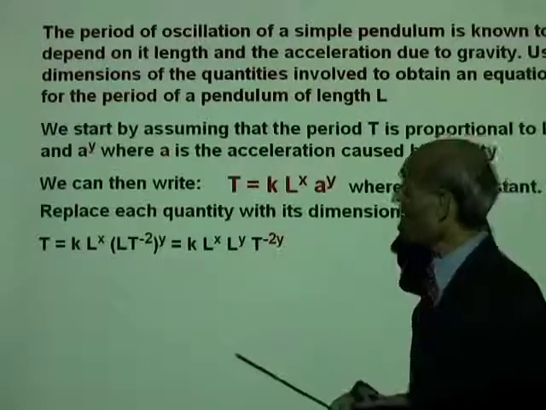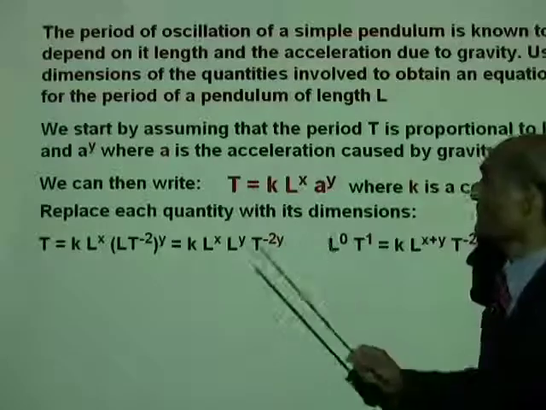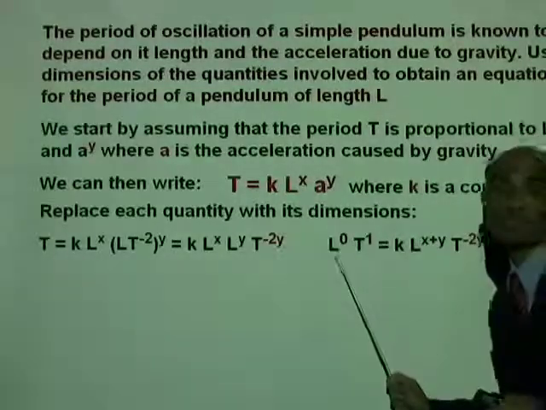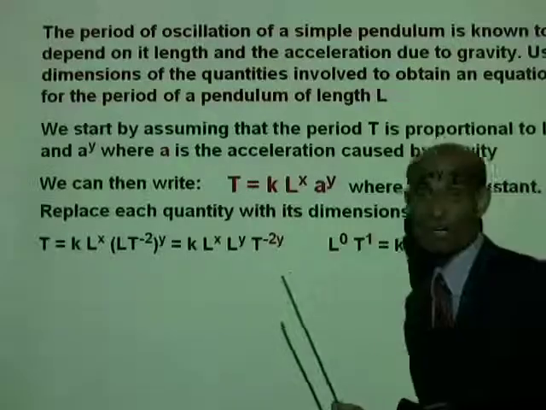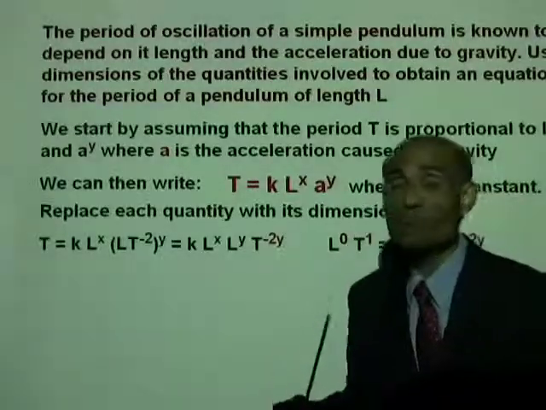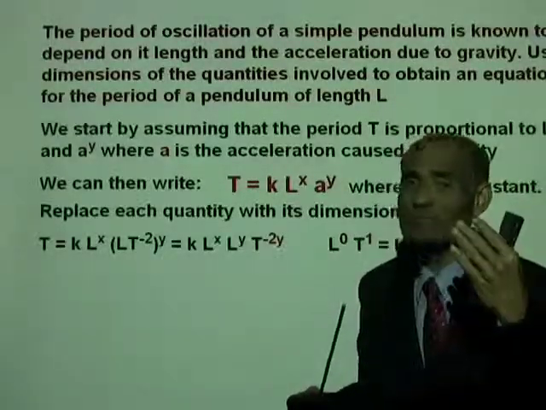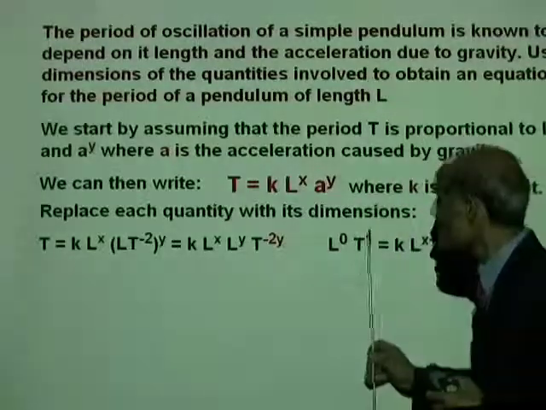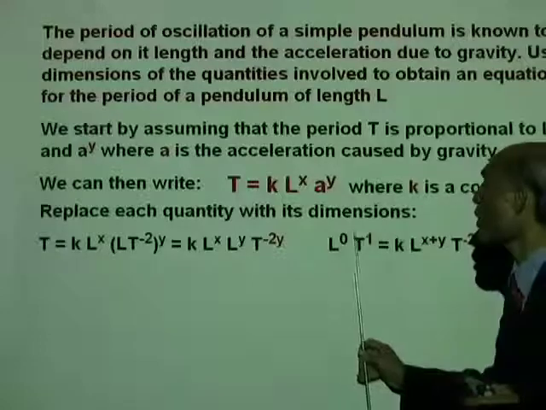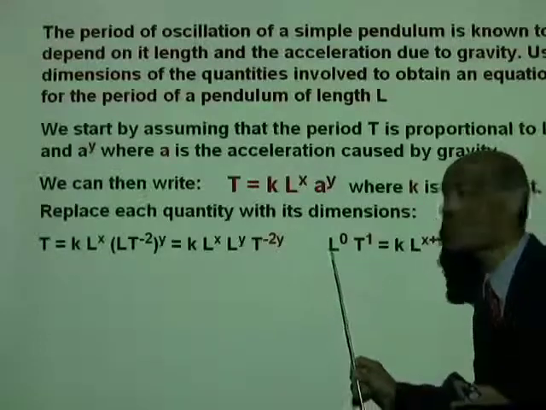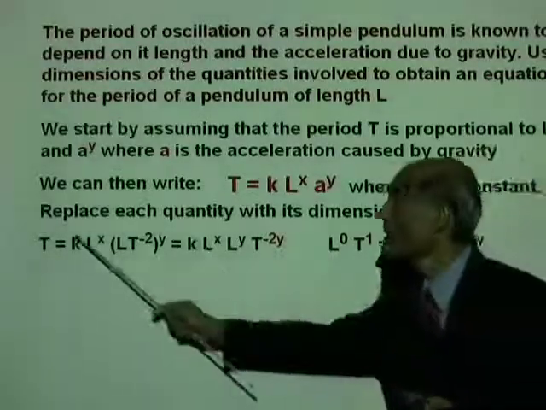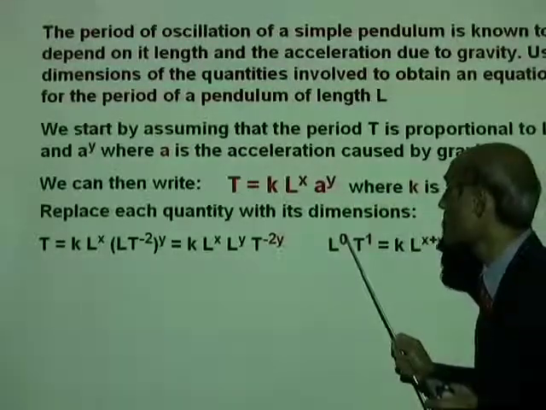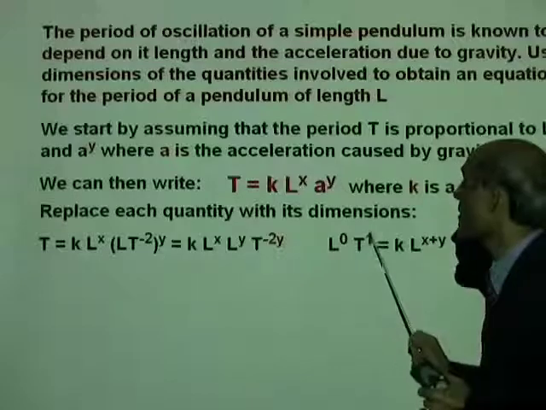Okay? And in the next step, we're going to write this as, now, I did some manipulation here. You know that any quantity raised to the power of 0 is 1. So, since there is no term on the left side using L, I wrote this quantity t as L to the power of 0, t to the power of 1.